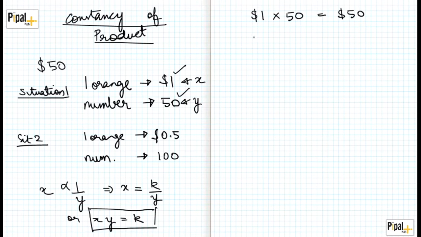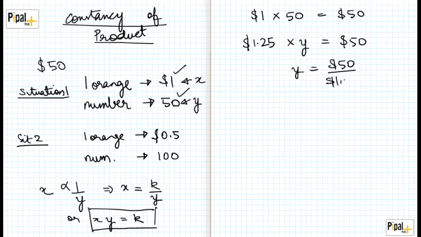However, if I were to change the $1 to $1.25, then what is the new y? Clearly the new y is $50, because that's all I'll spend, divided by $1.25 per orange, right? So I get 40 oranges.